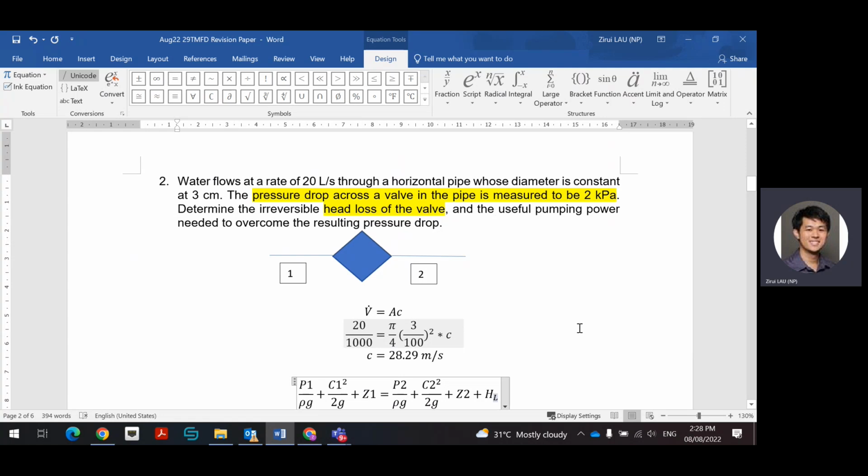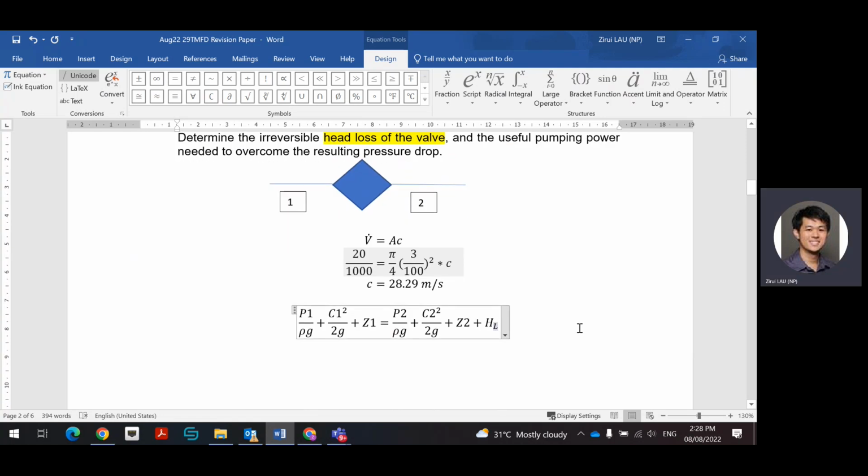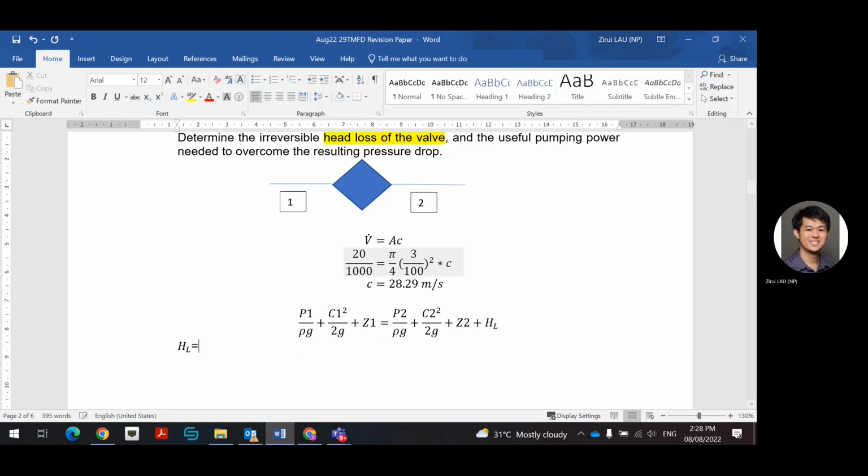So what do we want? The head loss. We want the head loss, so let me just shift the head loss to one side.